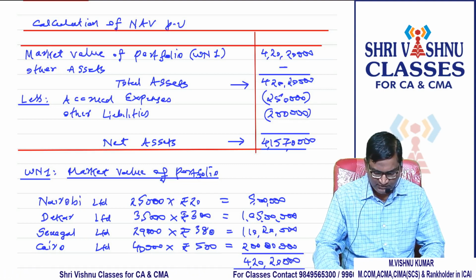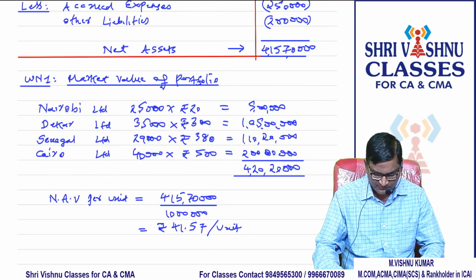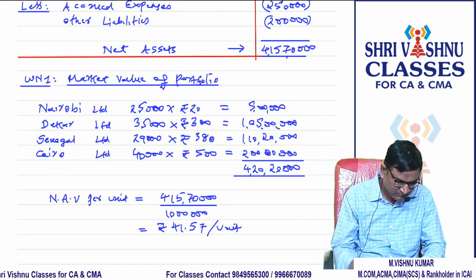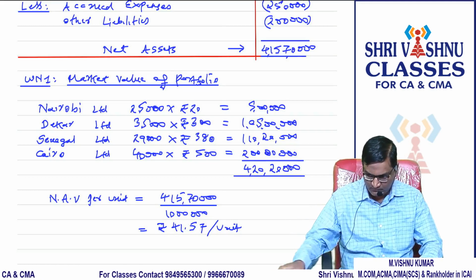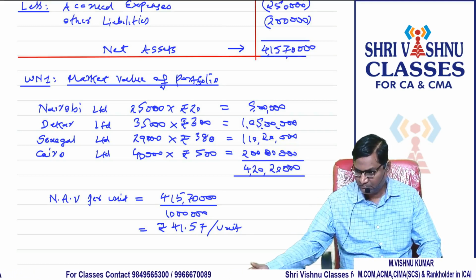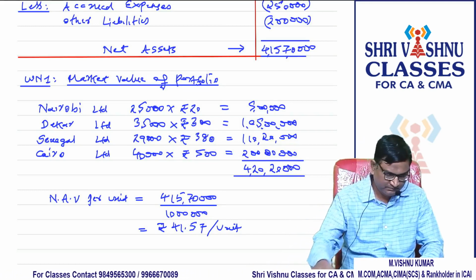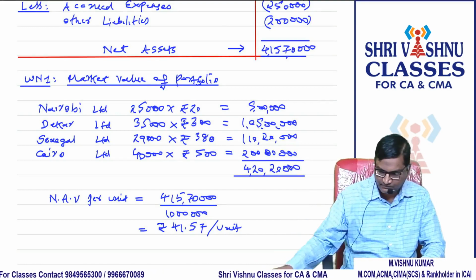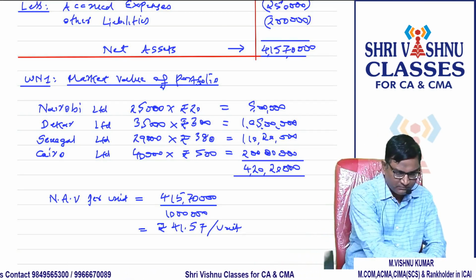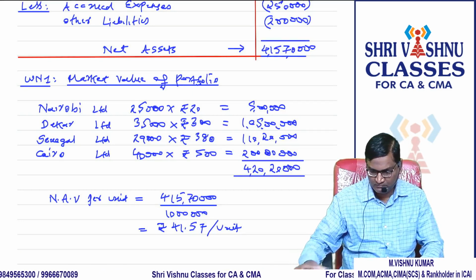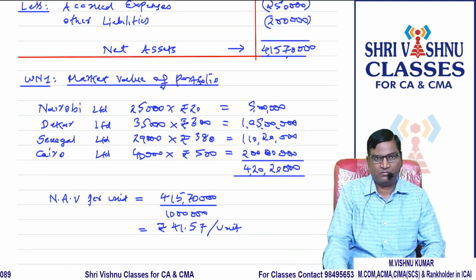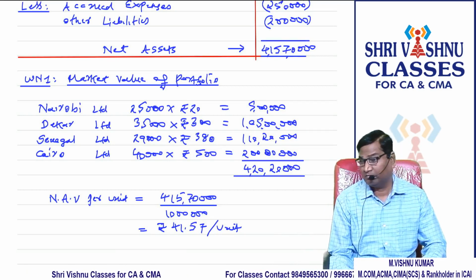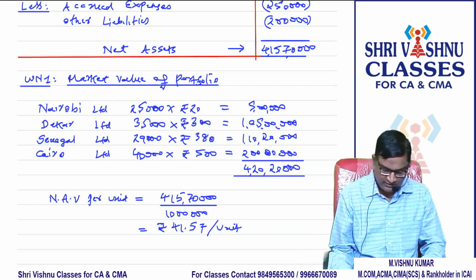So accordingly net assets divided by number of units. Let's go to the next question.